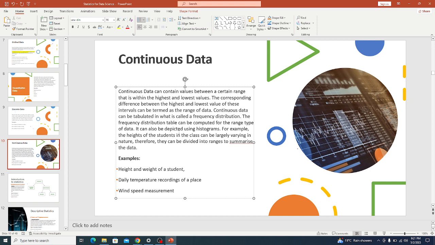It can also be depicted using histograms. For example, the heights of students in a class can be largely varying in nature. So basically, one of the methods we use for data visualization when we are dealing with continuous data is histograms.